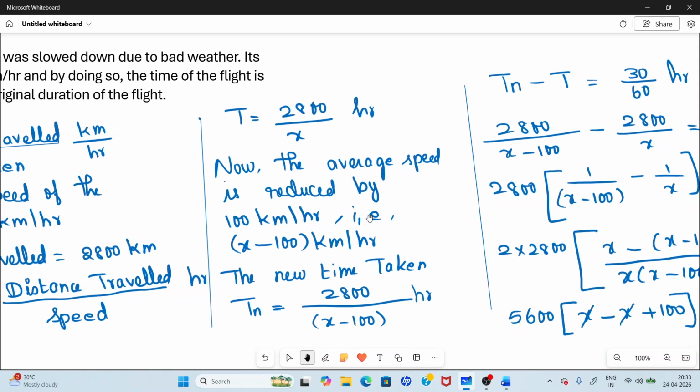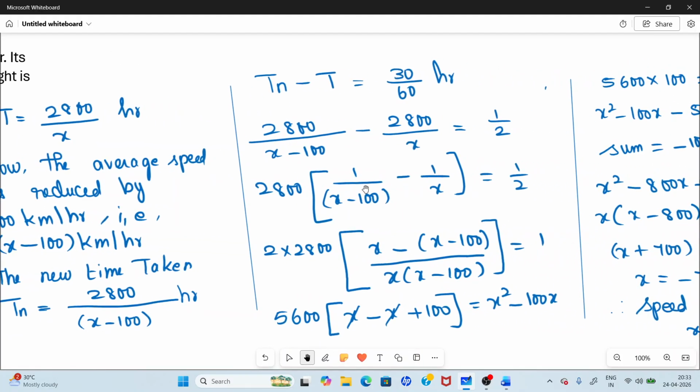Since the average speed is reduced by 100 km per hour, the new time taken is 2800 by x minus 100 hours. So the difference between the two times, that is half an hour, which is given in the question. So Tn minus T equal to 30 by 60 hours.